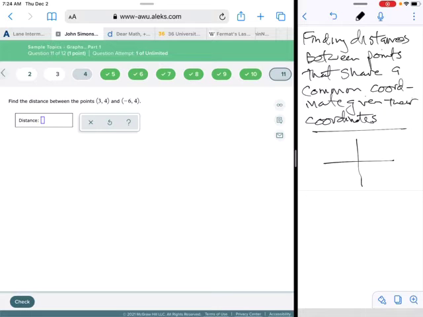So if I have the points (3, 4) and (-6, 4), well, 3, 4 is going to be about 1, 2, 3, and then I'll go up approximately 4, about here, right? And it doesn't matter how accurate you draw it.